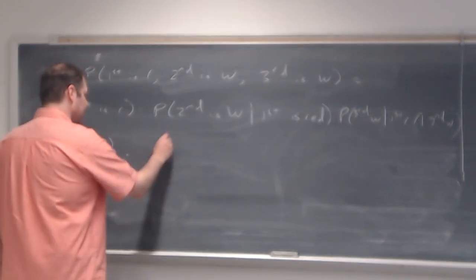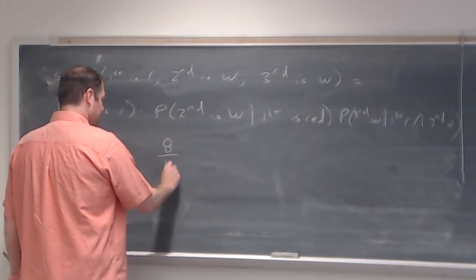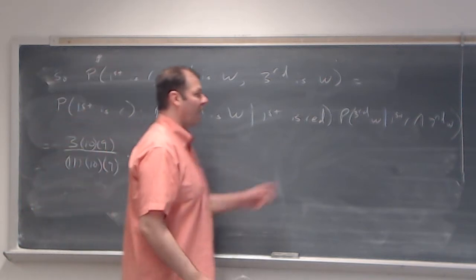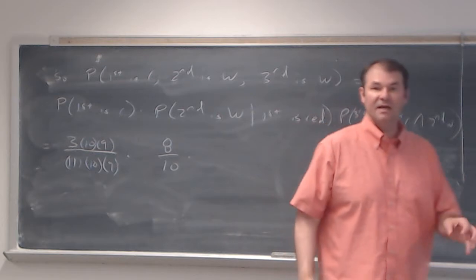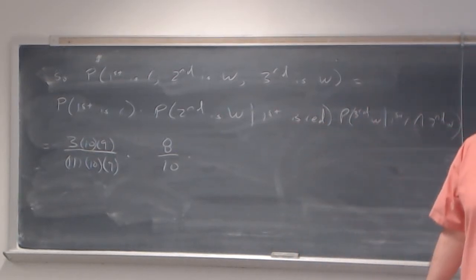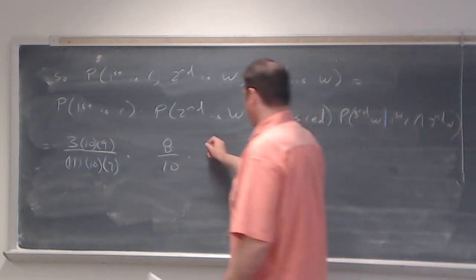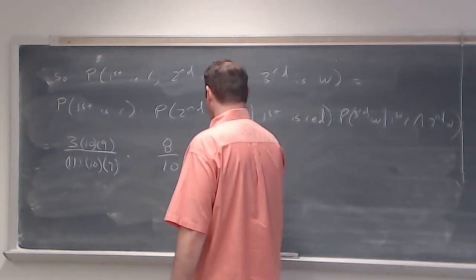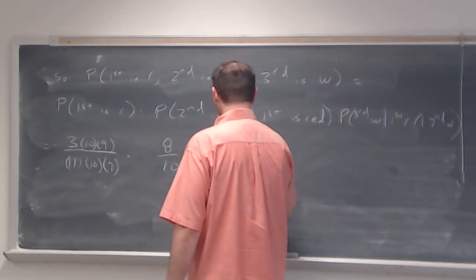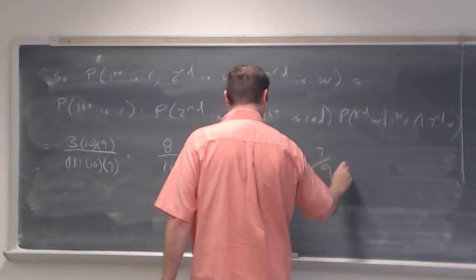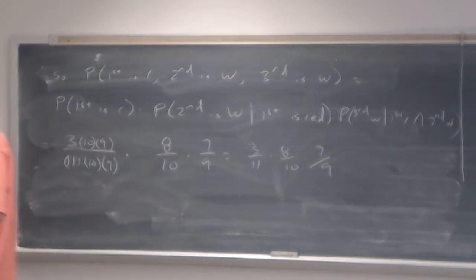So the chance that the second is white is 8 out of 10. And then times the chance that the third is white, given that the first was red and the second was white. Well, that means that we now have 9 balls, 7 of which are white. So we get 7 out of 9 here. So this is equal to 3 out of 11 times 8 out of 10 times 7 out of 9. And that's our answer.